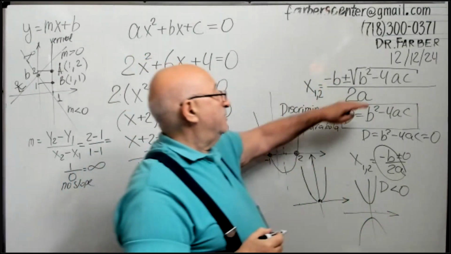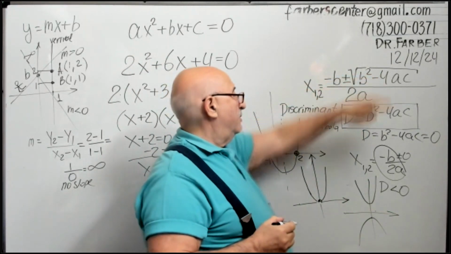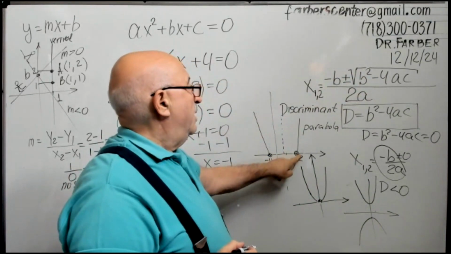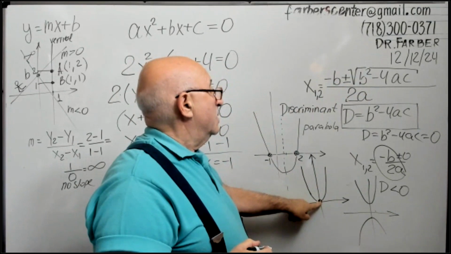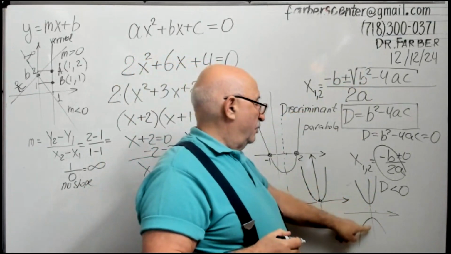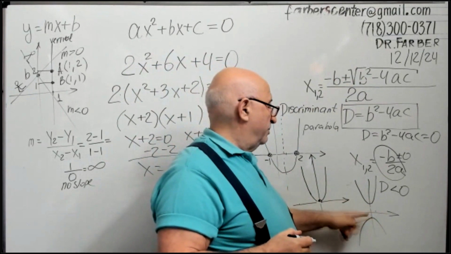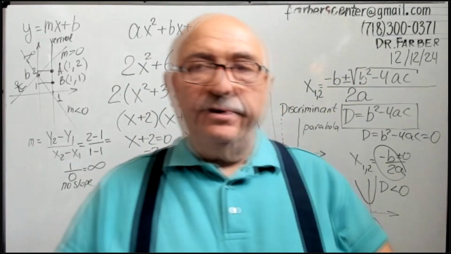So a lot of stuff depends on this one. If this is greater than 0, we have two roots. If it equals 0, we have only one root. And when it's less than 0, we don't have common points. We have 0 solutions in real numbers.